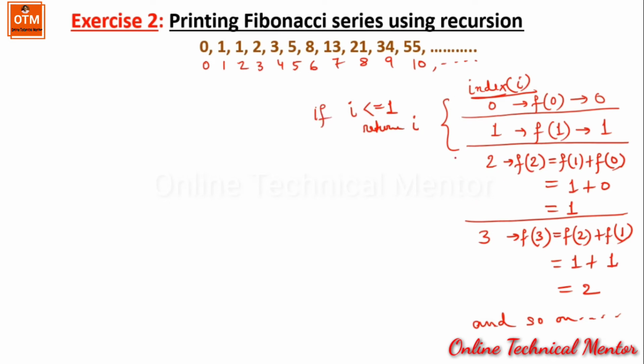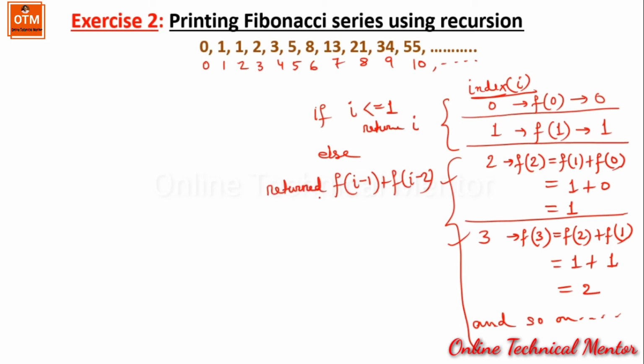And what can we conclude for the remaining steps? In the else part, we can write like this: for each and every step, we perform f of i minus 1 plus f of i minus 2. So this sum will be returned for the rest of the cases.